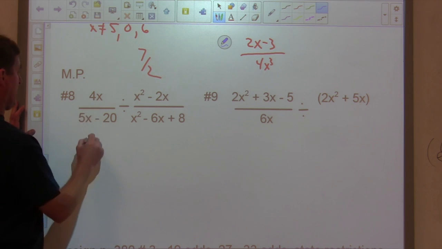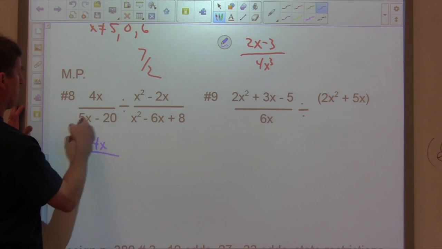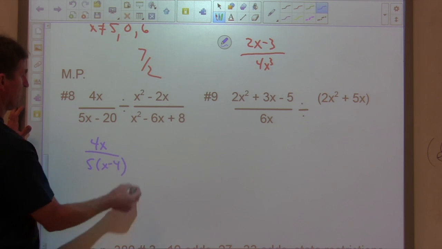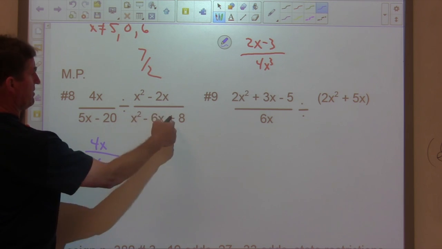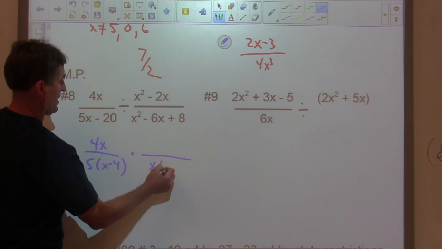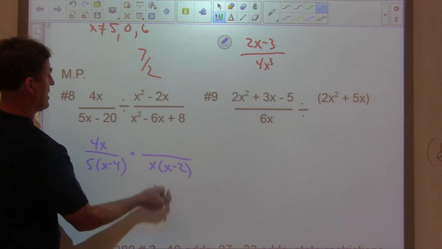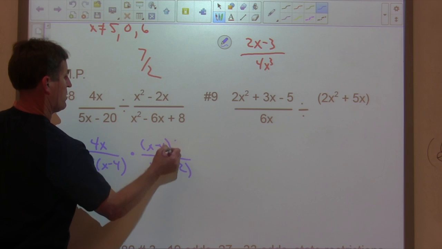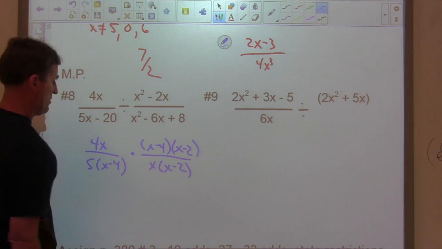So, factor, I can't factor 4x. I can pull a 5 out of that. Change it to multiplication. Factor this and flip it over, so I can pull an x out of that and get x minus 2. And on this, it factors into x minus 4 and x minus 2.